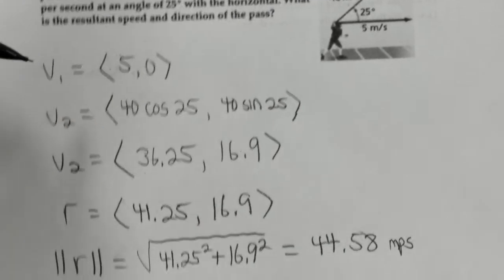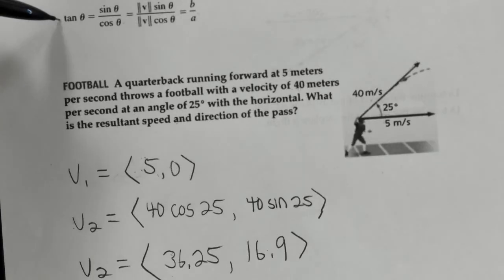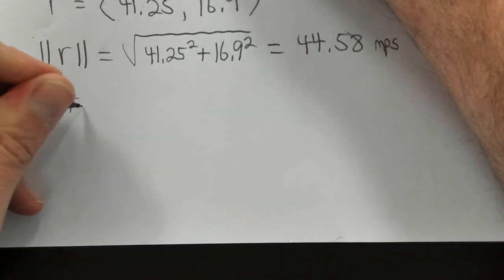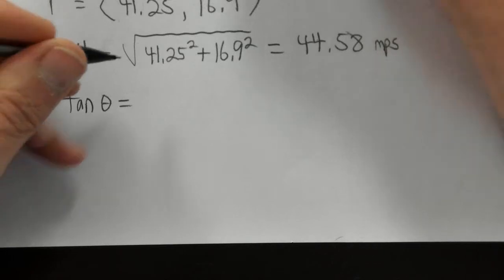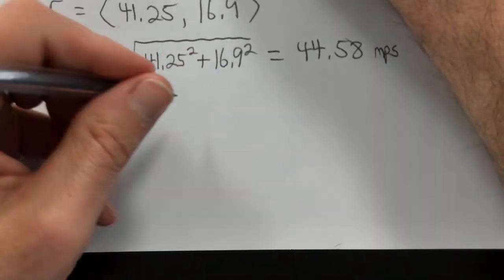They want the direction, which means we're going to have to find the angle here. Well, how do we do that? We come back to this. So it's going to be tangent of the angle is going to be equal to B over A. Well, what's the B? 16.9.